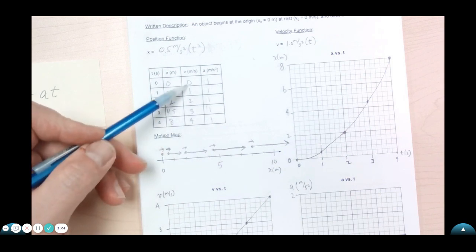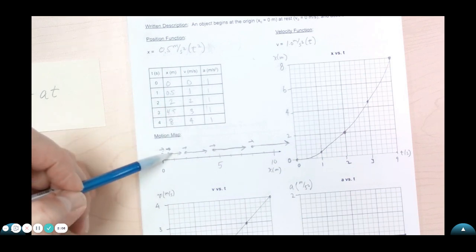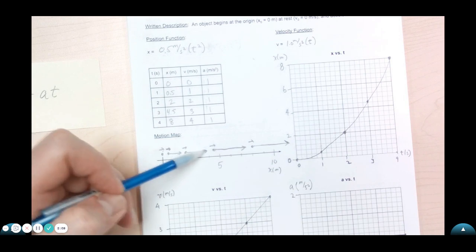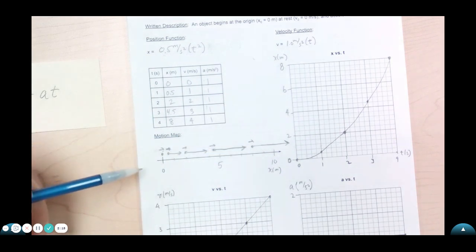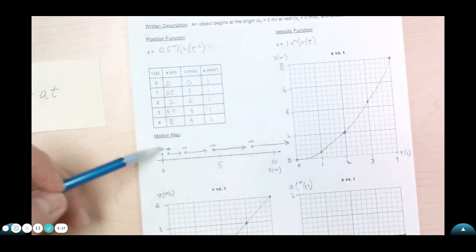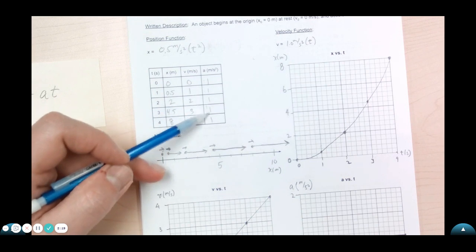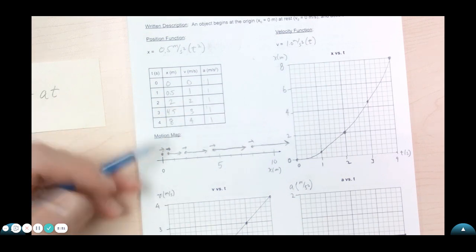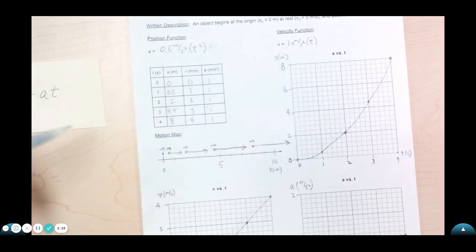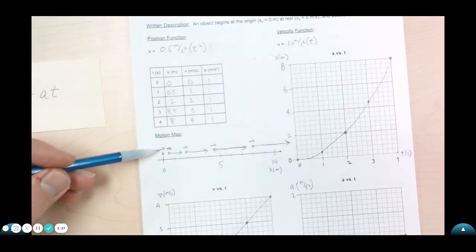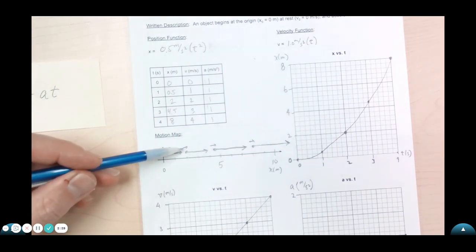Now, these were all positive velocities, so these were all right-facing velocity vectors. Well, a new kind of vector that you can draw on these to indicate that the thing was not only moving to the right, but also accelerating to the right, that's a positive acceleration, you can add small arrows above the dots to indicate the acceleration. So these would be acceleration vectors.